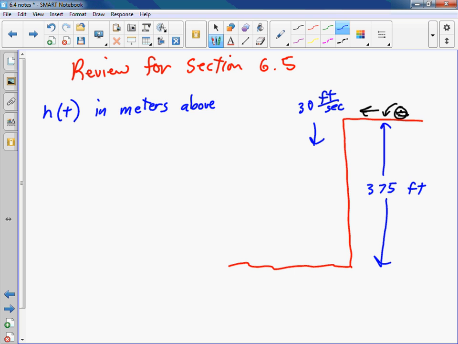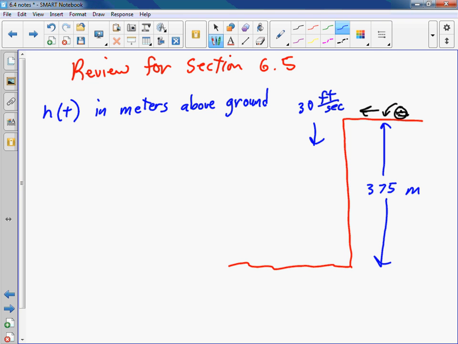And I don't know if I like that, because didn't I say it was 375 feet? Let's change that to meters. Let's be consistent. This is a really high cliff. H of t in meters above the ground. And initial velocity. Function of time. I think we can make that one work.